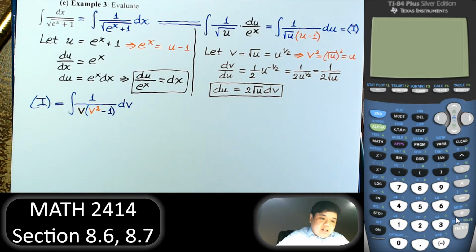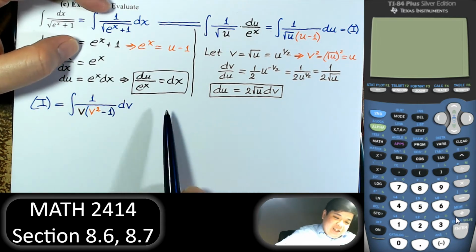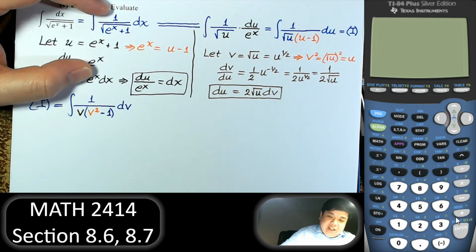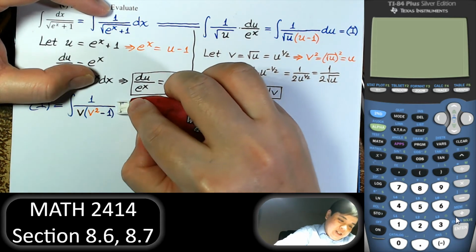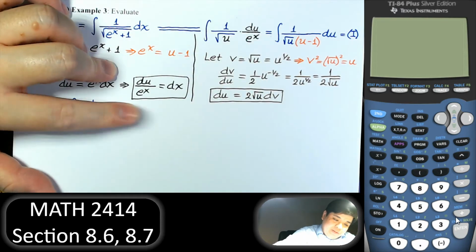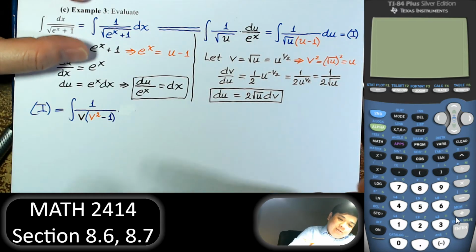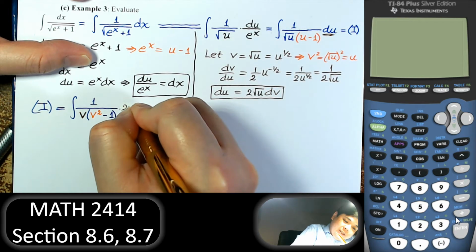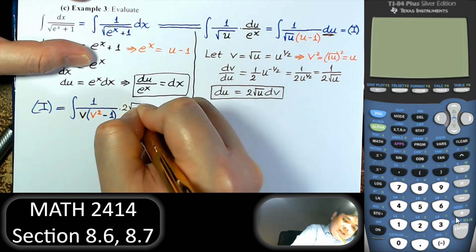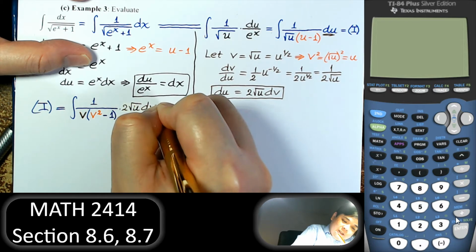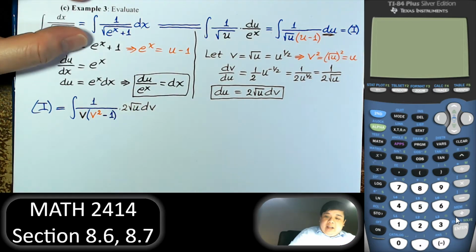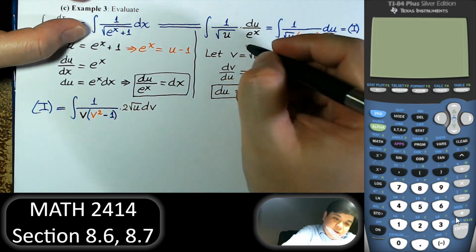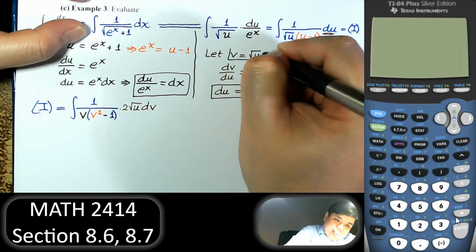By the way, I forgot, and then du. And du is this. Now, and also that is equal to v.